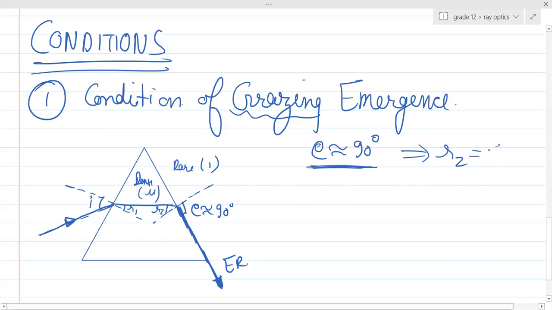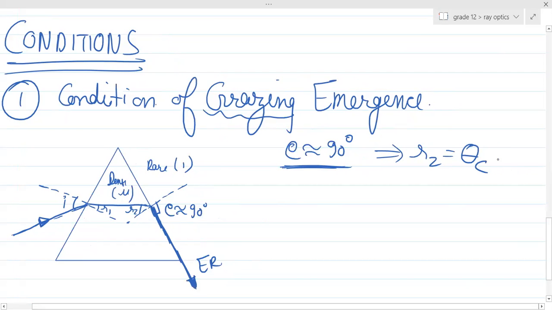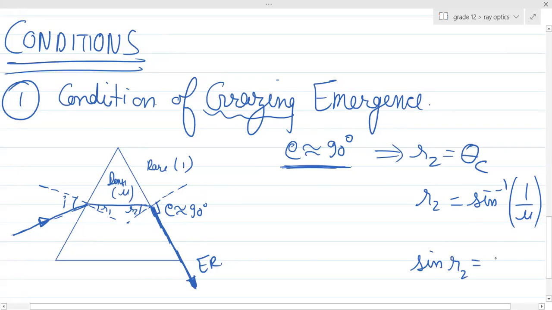Basically R2 will become the critical angle, and we know what the critical angle is. So R2 is equal to sin inverse of 1 by mu. So sin R2 is basically 1 by mu. Can I write this?